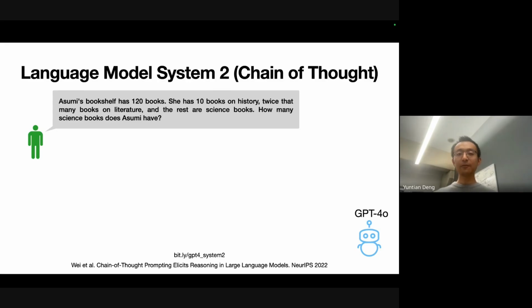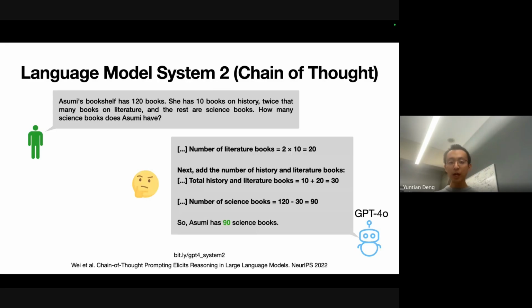So if we prompt a large language model, GPT-4, with this question, this is the response that it returned. And if you look at this response at a high level, you will immediately see this structure of first reasoning about individual steps required to arrive at the final answer, followed by the final answer itself.